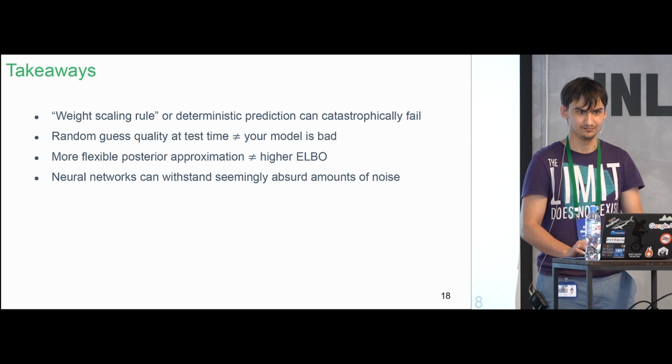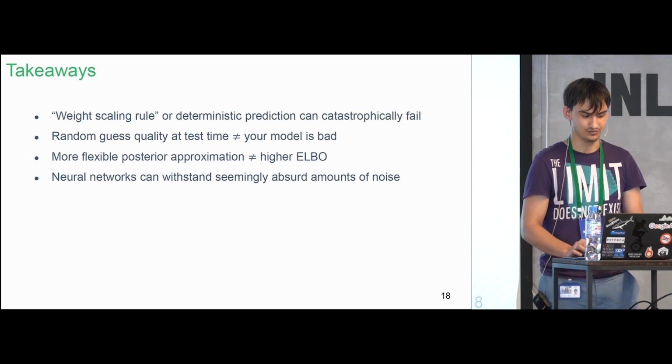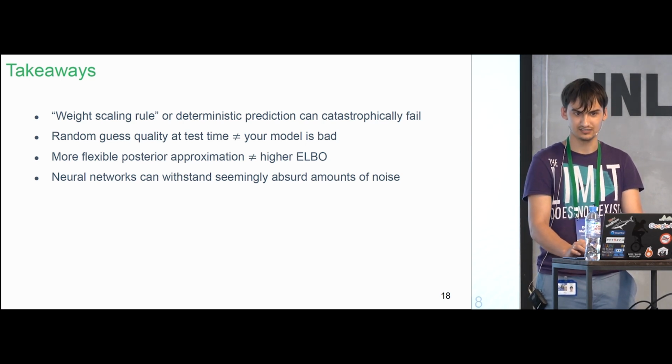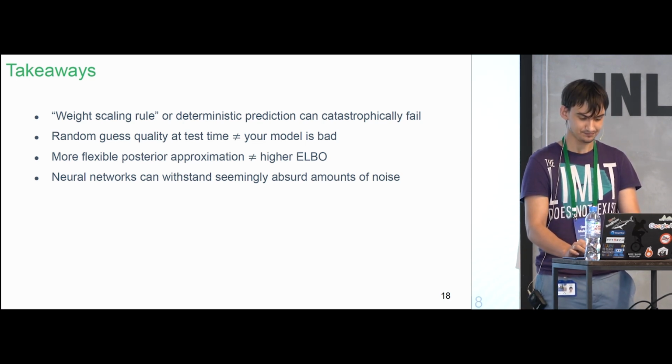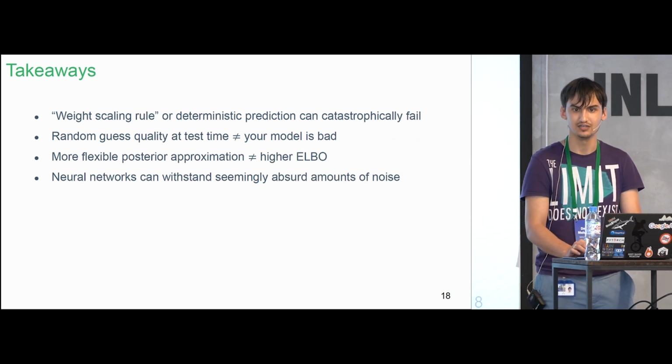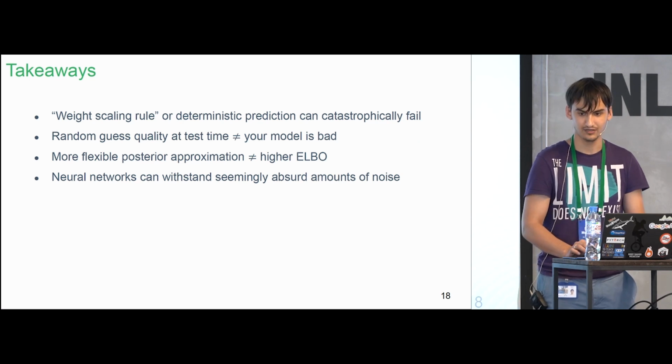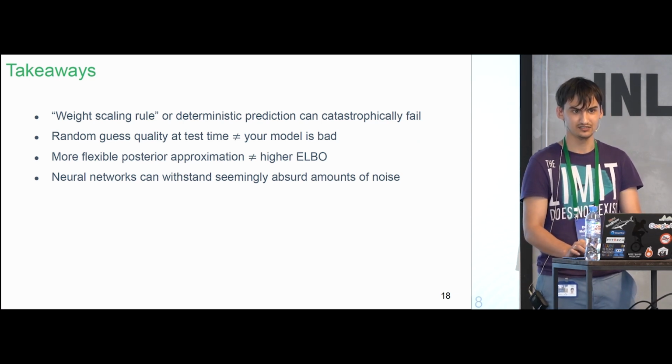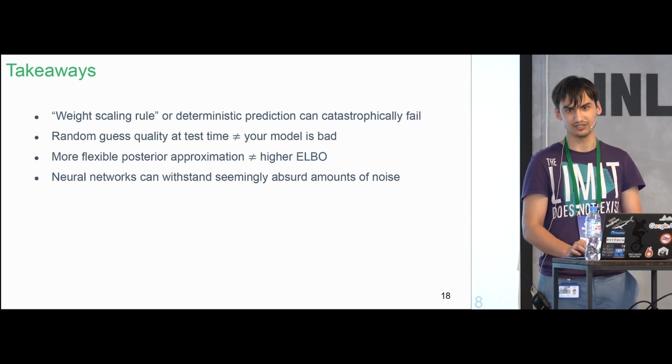So a good idea would be to use both the weight scaling rule and stochastic or ensembling prediction, and then see whether the weight scaling rule provides you with some terrible accuracy degradation or not. If it works well, okay, good for you. If it does not, it doesn't mean that the model is bad. It means that you are not doing the predictions correctly.